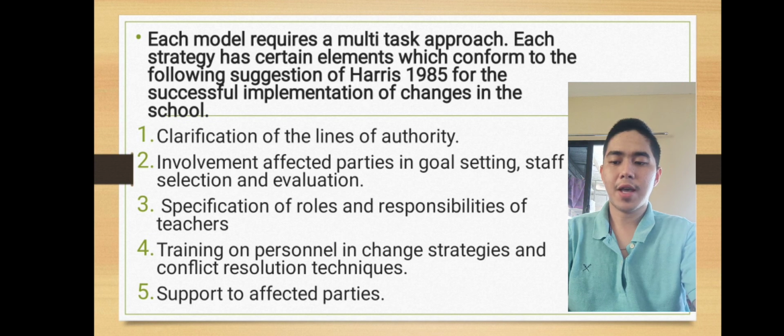First, the clarification of the lines of authority; second, the involvement of affected parties in goal setting, staff selection, and evaluation; third, the clarification of the roles and responsibilities of teachers; fourth, personnel training in change strategies and conflict resolution techniques; and fifth, support of the affected parties.